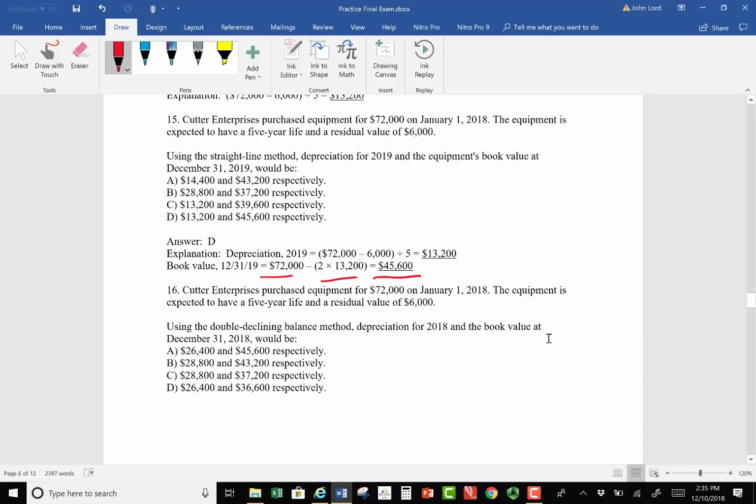Using double declining balance, same fact pattern, but now they want book value at December 31st, 2018, so I only have to deal with 1 year of depreciation here. So now I'm going to take the 72,000, and it was a 5-year life, so 1 divided by 5 equals 20%, multiplied by 2 means I'll take 40%.